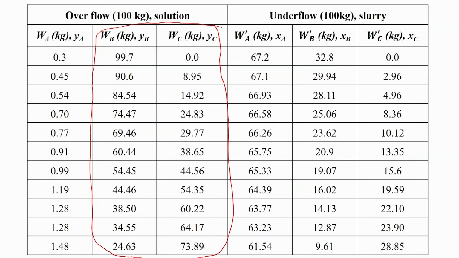We need to remember that whenever we draw the equilibrium diagram, say the ternary diagram, we need to convert this. Whenever we put this in the right triangular diagram, we need to convert it into fractions only. And whenever we put this in the Ponchon-Savarit, then we need to convert it into the solid free basis.